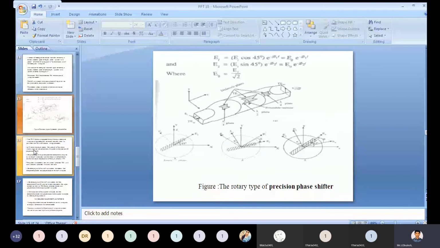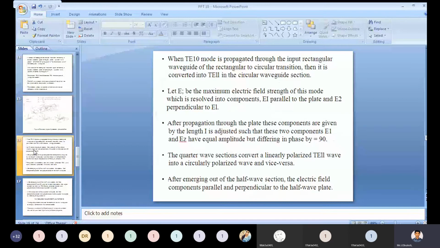Let us assume we represent the electric field E as the maximum electric field strength of this mode, which is resolved into components E1 parallel to the plate and E2 perpendicular to E1.